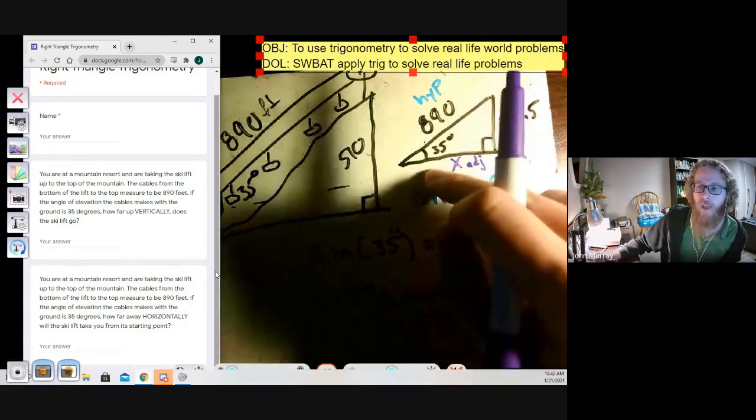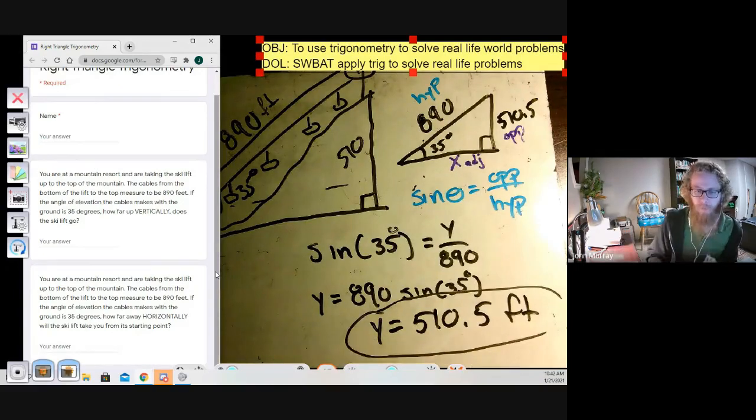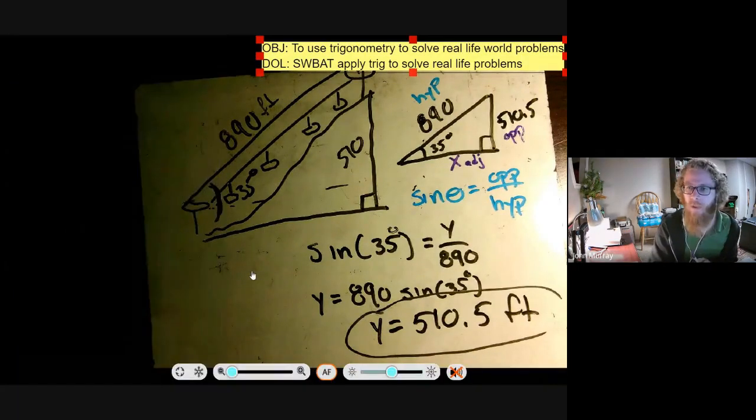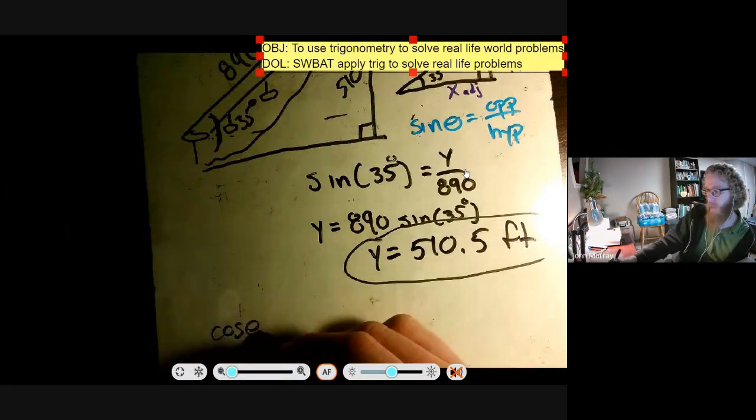If I use that 510 to help me find the horizontal, because this is wrong, then this is going to be wrong. So my recommendation is to use the original number given to you. I'm going to stick with the hypotenuse, 890. And now I'm looking for the adjacent side. So that tells me I'm looking for cosine.